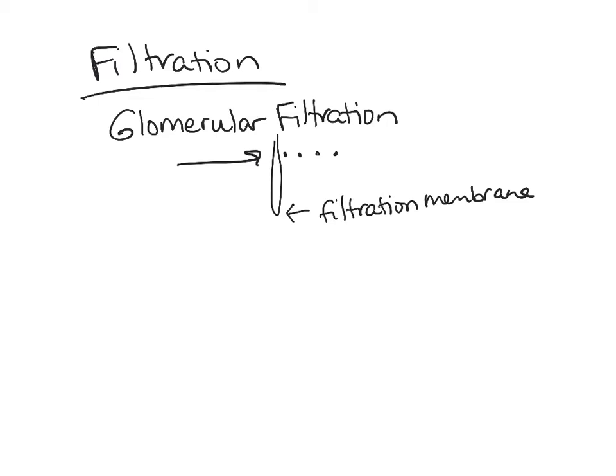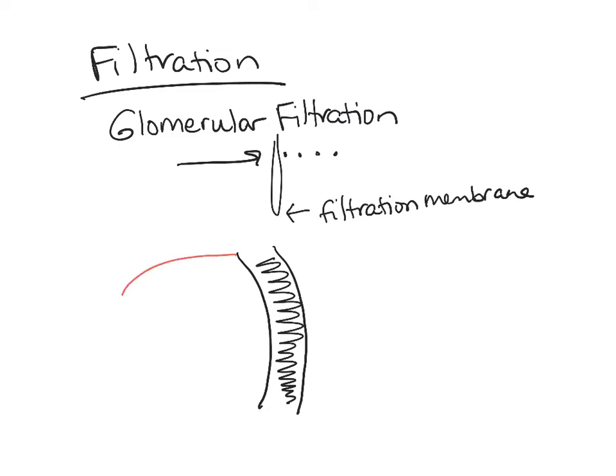So we'll see that we have, first of all, the basement membrane. So let's just draw in the basement membrane here. On one side of the basement membrane, we have these blood vessels, the glomerular capillaries. And the walls of the glomerular capillaries are made up of these endothelial cells.